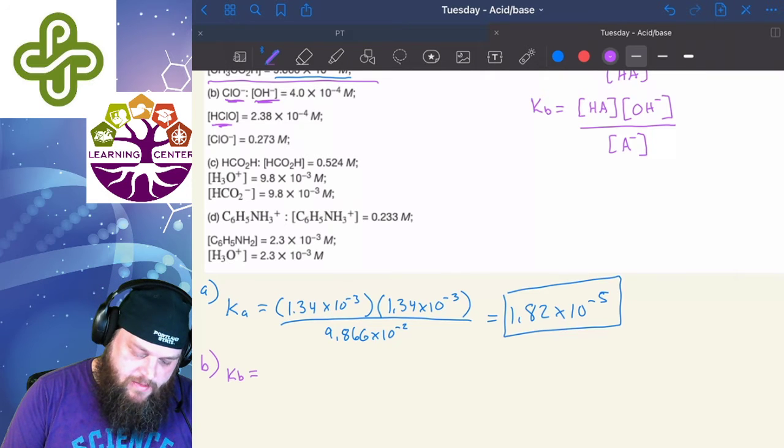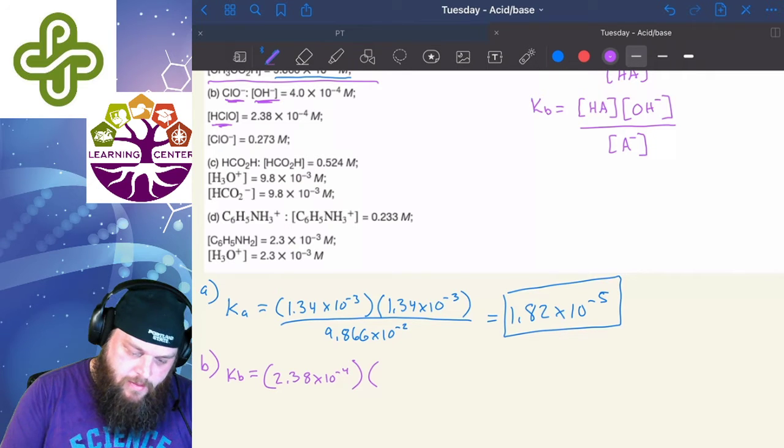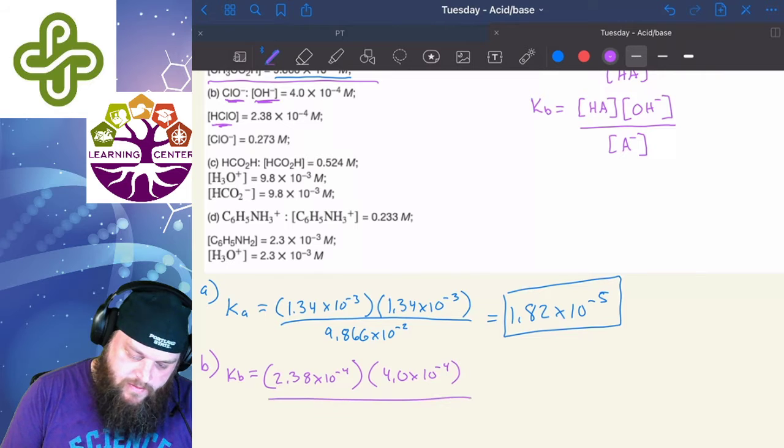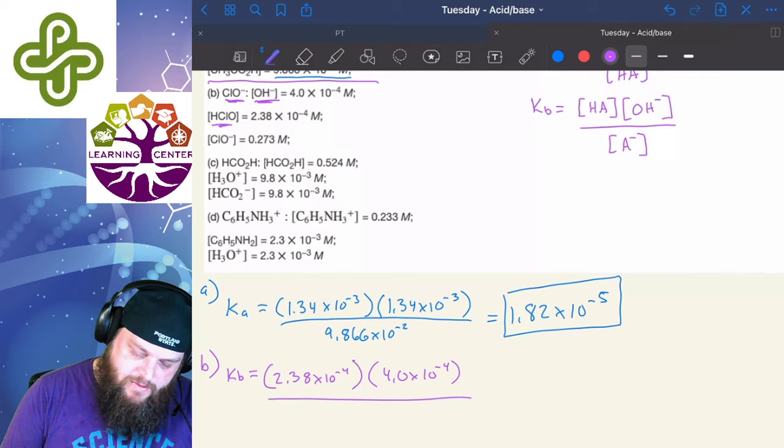Now it's going to be 2.38 times 10 to the negative 4. And we're going to multiply that times the concentration of our hydroxide, 4.0 times 10 to the negative 4. We're going to divide the whole thing by the concentration of our base, 0.273.